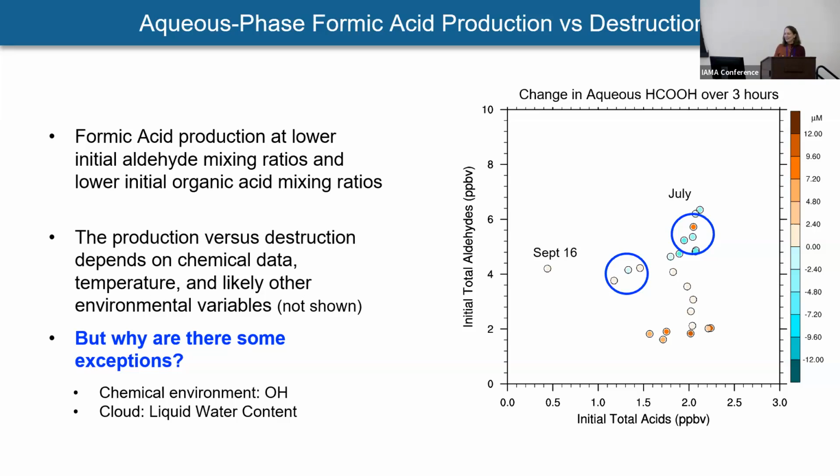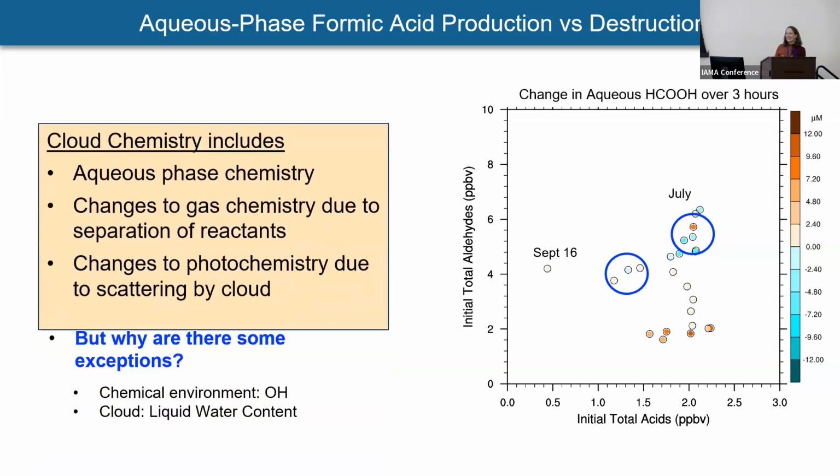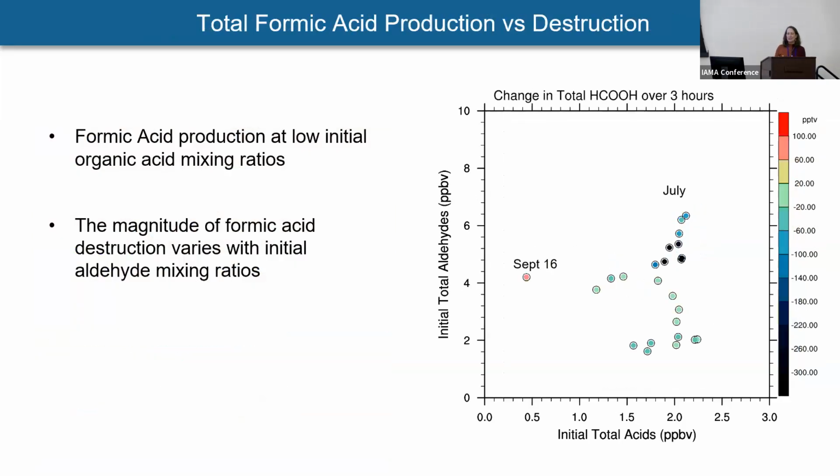And then I thought about what I said at the beginning, that cloud chemistry includes aqueous phase chemistry and gas phase chemistry changes. And so looking at the change in the total formic acid is shown here. And now we see clearly that all the simulations for the July case are showing formic acid destruction, and yet we still see production of formic acid in the September case.